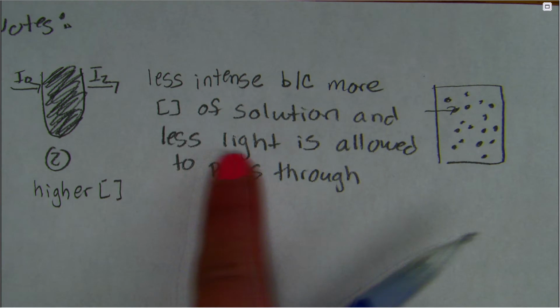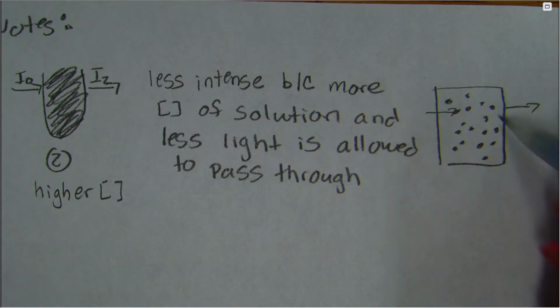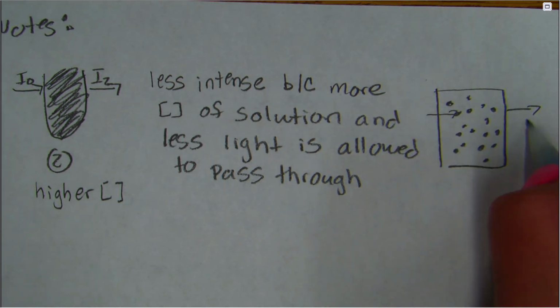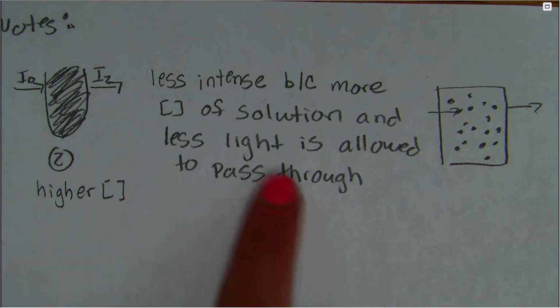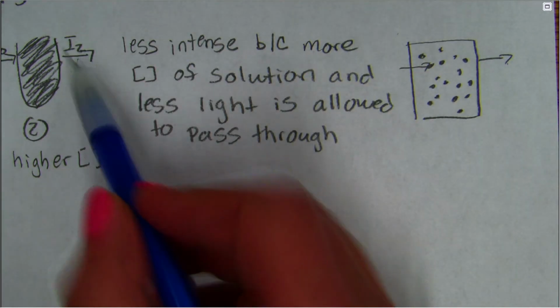That's why less light comes out, because there are more particles which are going to absorb the light coming in, and it'll be harder for the light to pass through the cuvette without bumping into a particle. So we have a less intense light coming out.